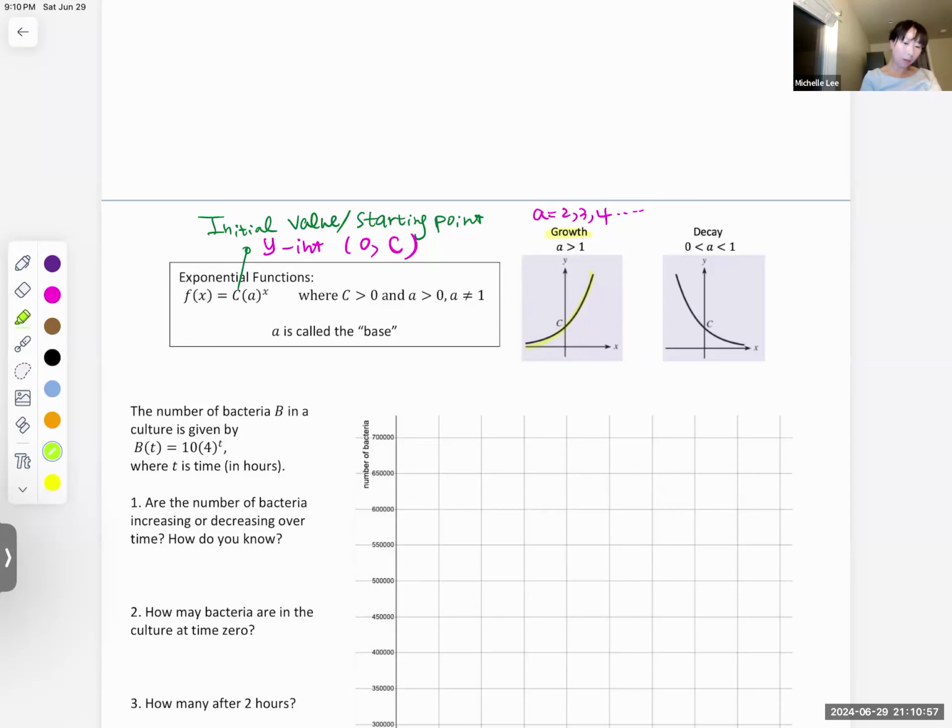They say that is decay, right? Decay. Look, A is between 0 and 1, and then the graph looks like this. We had this earlier, 1 over 2 to the x power, 1 over 3 to the x power, right? So A should be in fraction form. We say that a proper fraction is less than 1, okay?